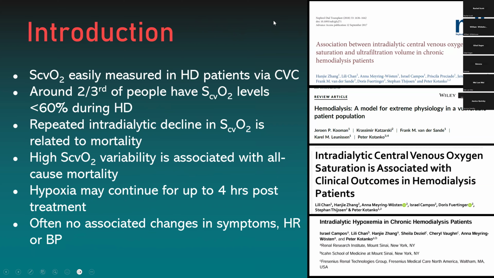But a lot of these patients will have a central venous catheter anyway. This is just a little selection of the references found in this introduction. And as they point out, if we have a hemodialysis patient who's already got a central venous catheter, it's very, very easy for us to measure these things and to use the crit line.